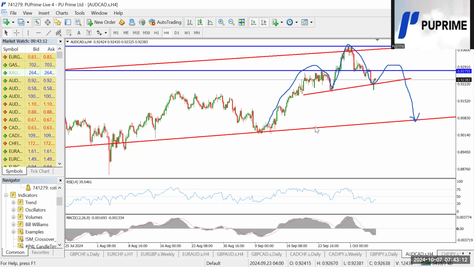Or if you feel the risk is too much, you want to close, then you can close the trade and wait for price to break out below the neckline before you trigger a sell. You wait for price to break below the neckline before you trigger a sell. So that's it. But currently, I'm expecting some bullish movement, at least maybe today, before price reverses to start selling. So that's in response to Emmanuel.